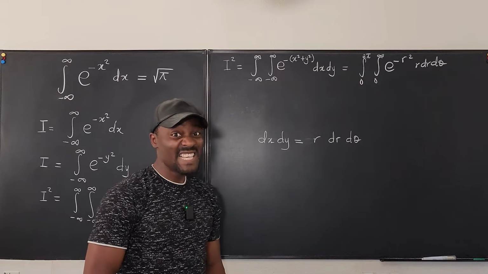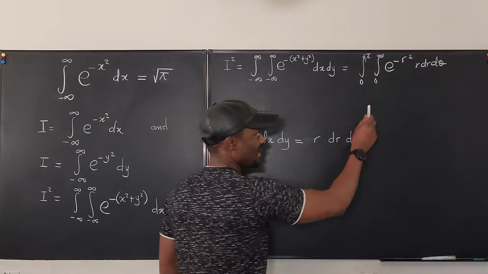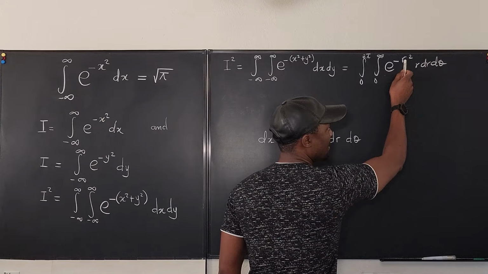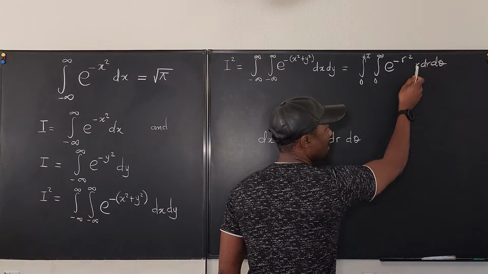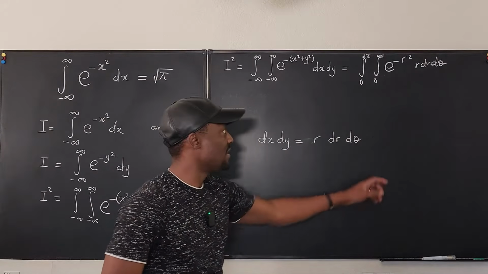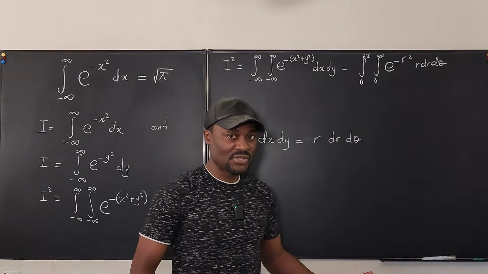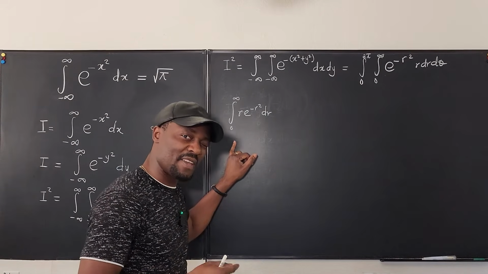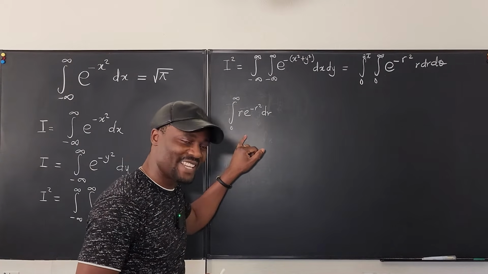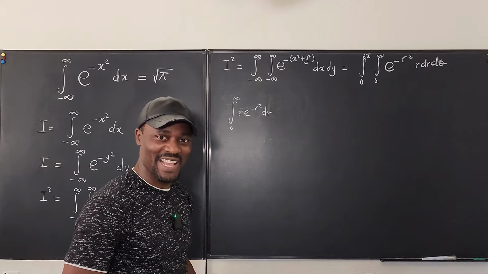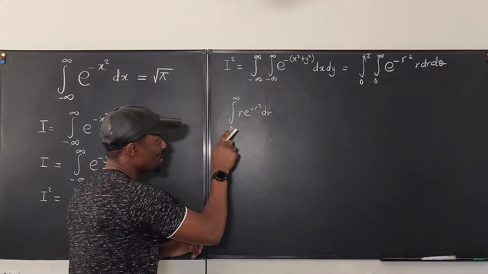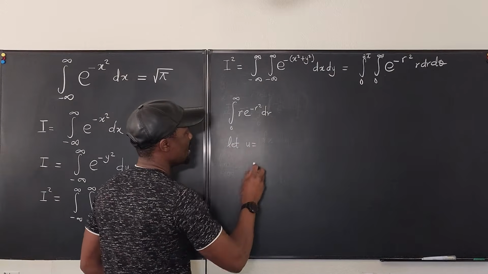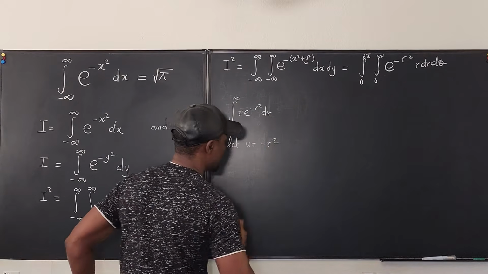And now we can easily integrate this. Can you see? Because the derivative of r squared is 2r, and there's r waiting for us here, and that means the computation is easy. So let's finish this. My favorite u substitution is going to come in here. Let u be equal to negative r squared.